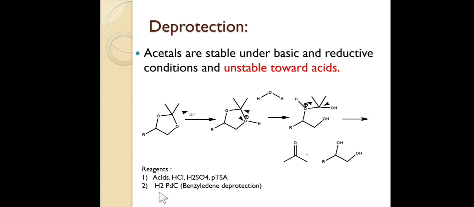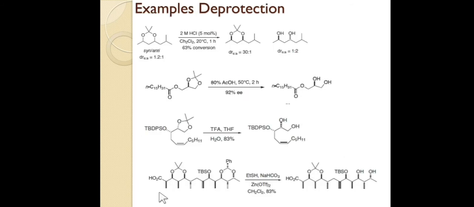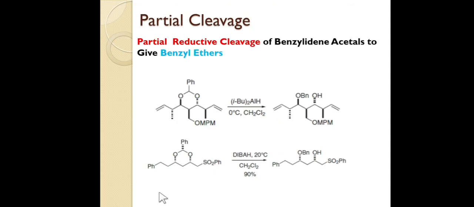So friends, I have added a few more points in these slides, that is the partial deprotection or partial cleavage of this benzylidene protection. If we have partial deprotection in presence of reductive condition, that is in presence of a reducing agent, we get the benzyl ethers. It is but obvious because we have this kind of benzylidene protection.